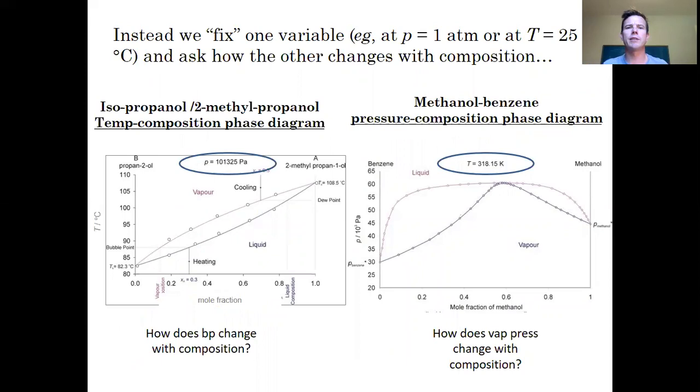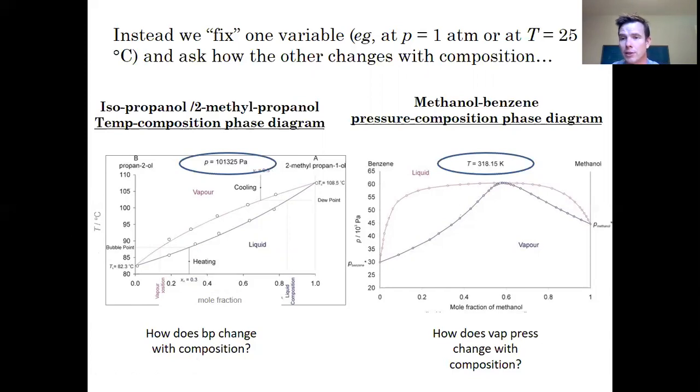Instead, what we typically do is to fix one variable and to ask how the other changes with composition. So for instance, I have what's called a temperature-composition phase diagram. What I'm plotting is the temperature versus the mole fraction of the system when the pressure is fixed at some value, in this case, 1 atm. If you think about this, what this is really telling you about is the boiling point.